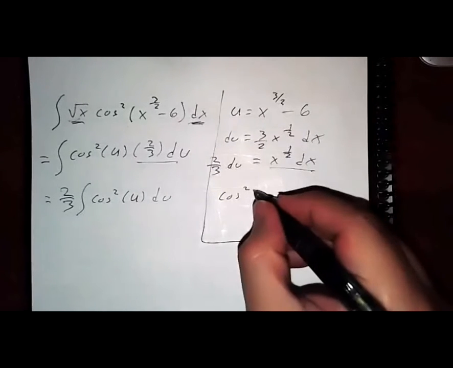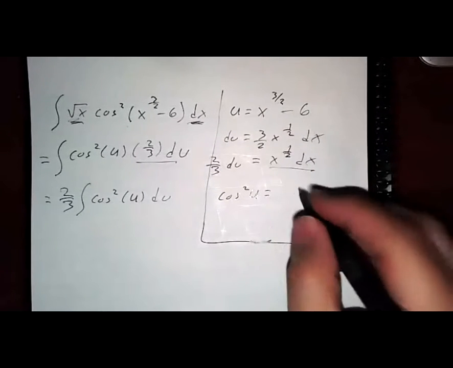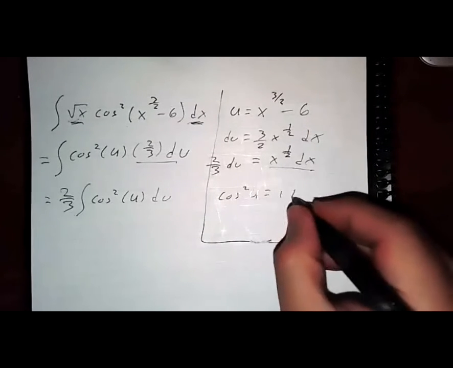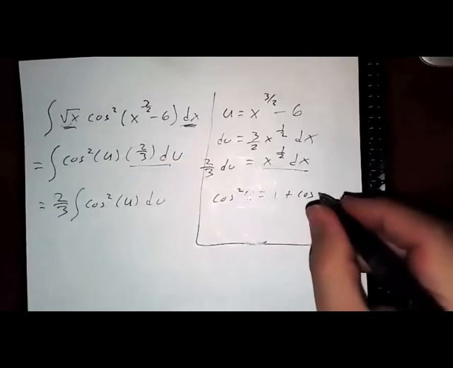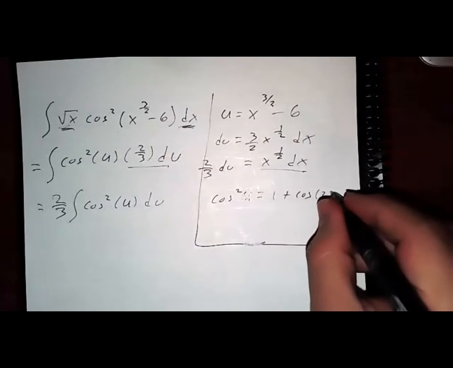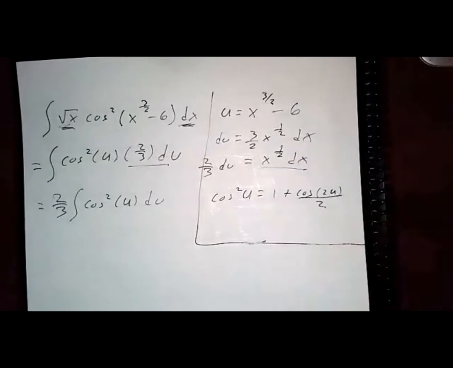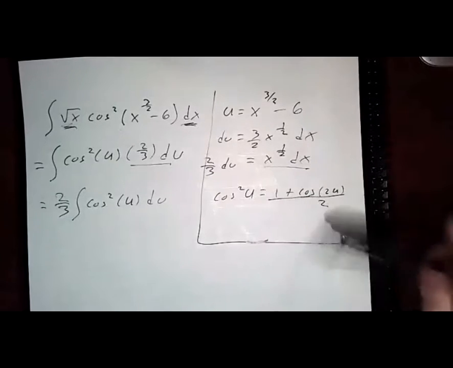So this is the power reducing formula. This is going to be 1 plus cosine of 2u over 2. Oh, sorry, actually the whole thing over 2. Let me fix that.